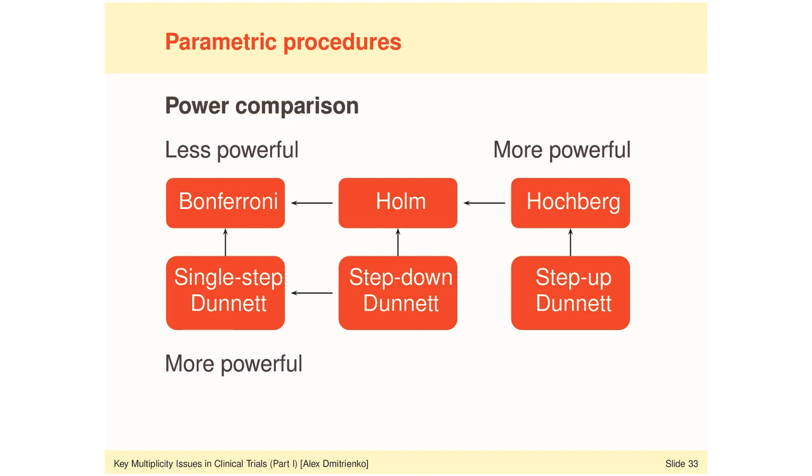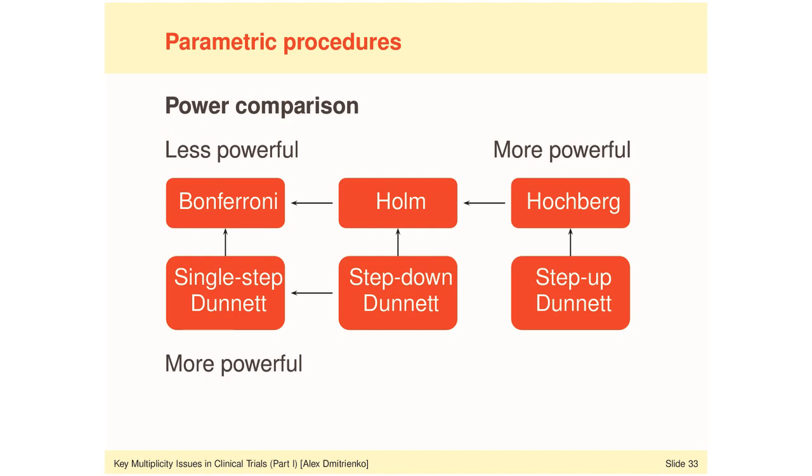And by the way, if I could make a very quick comment here, the upper right box in this diagram actually represents both of those semi-parametric procedures. So we can think about it as the Hochberg and Hommel procedures included within the same box.